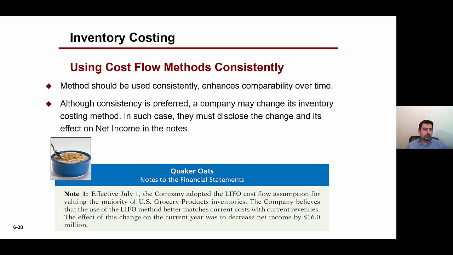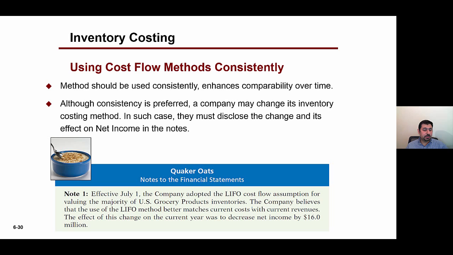So the companies are supposed to be consistent. This is the consistency principle. They are expected to keep reporting and using the same method to allow users of this information, like potential investors, creditors, etc., to be able to compare the company's performance over time, basically to compare this year's net income to last year's.